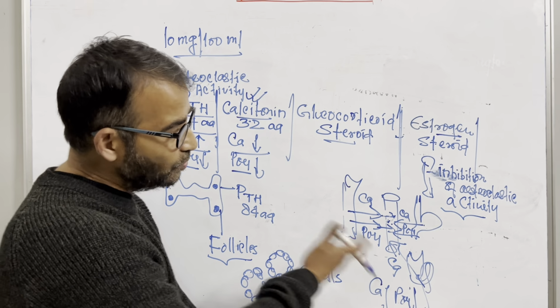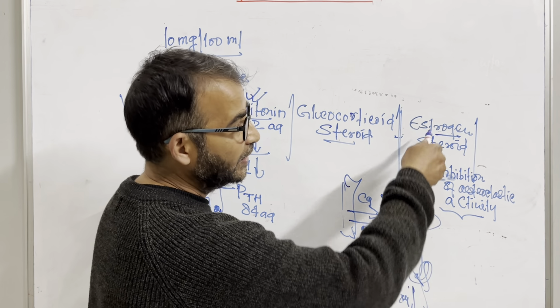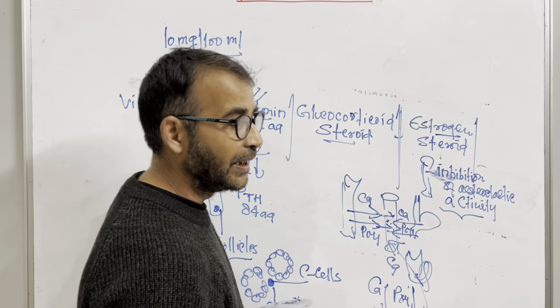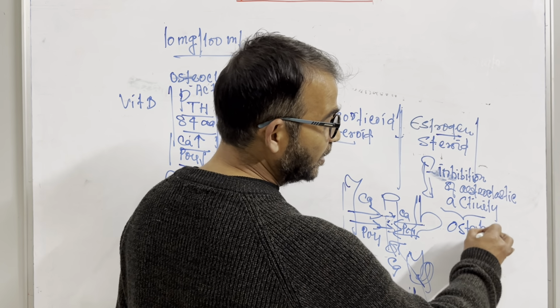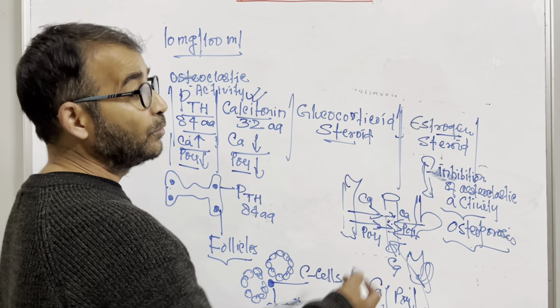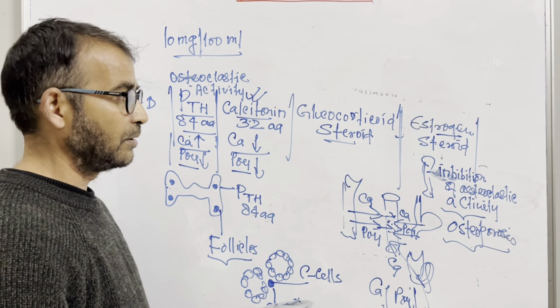But as soon as she gets into menopause, the estrogen is no more, there is no inhibition, so a female suffers from osteoporosis. Osteoporosis is the term for demineralization. It is due to the excess activity of the osteoclasts. Hope you understood. Thank you.